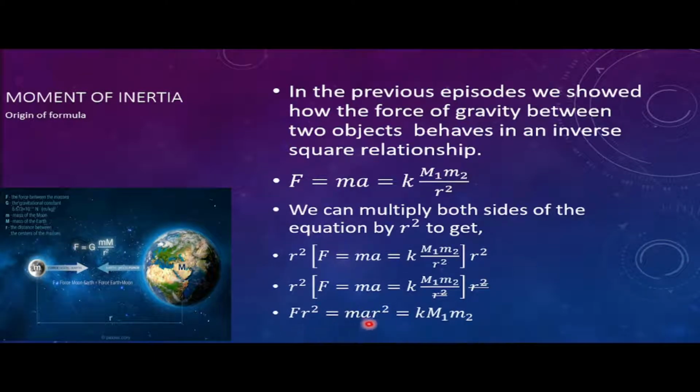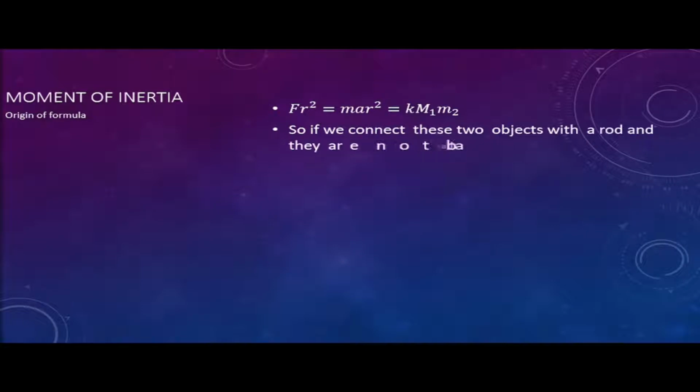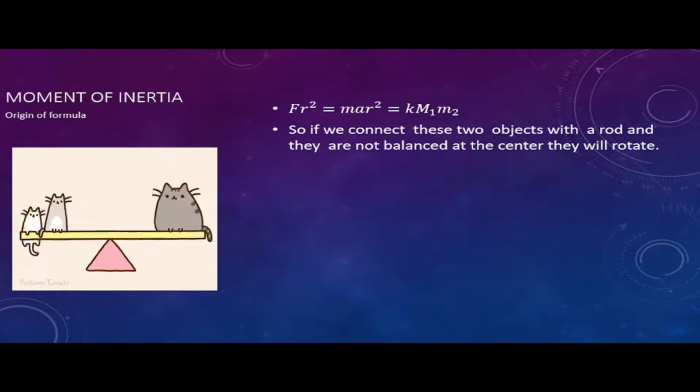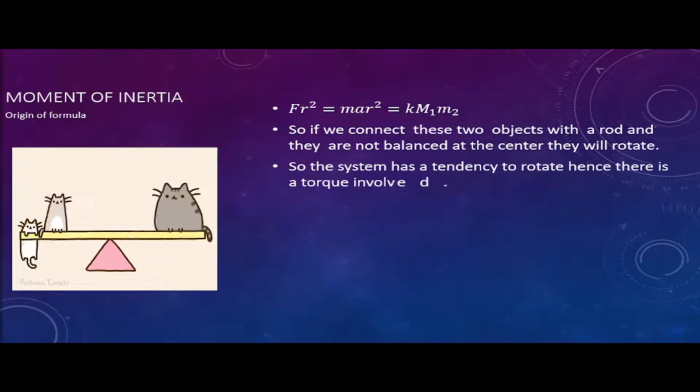And this formula has some implications. Let us now try to identify the implications of the formula. If you connect these two objects with a rod and they are not balanced at the center, they will rotate, just like in a seesaw. Alright, so if they have the tendency to rotate, they have what you call torque.